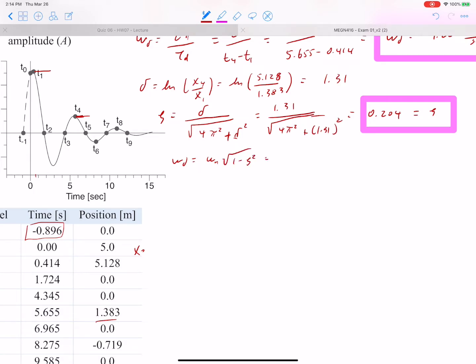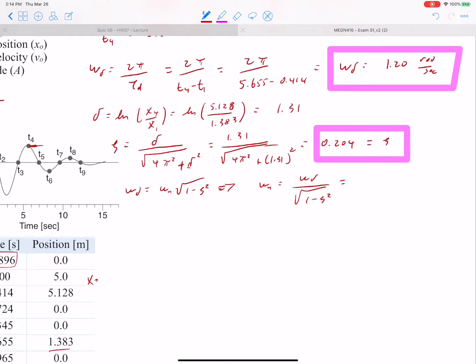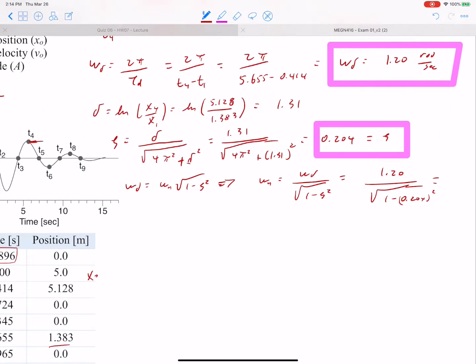So we could rearrange that and say that omega n is equal to omega d over the square root of 1 minus zeta squared, which is equal to 1.20 divided by the square root of 1 minus 0.204 squared, which is equal to 1.23 radians per second.